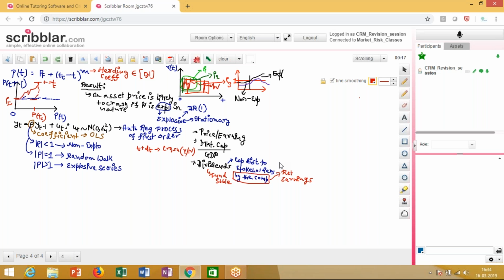So dividends are a very critical part in trying to predict whether a stock market or an asset price would crash or not, right? So that's one part of the story.